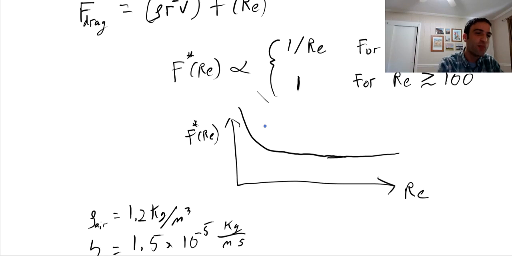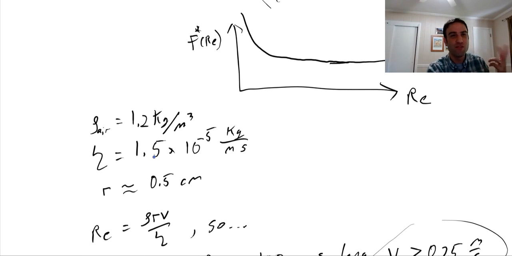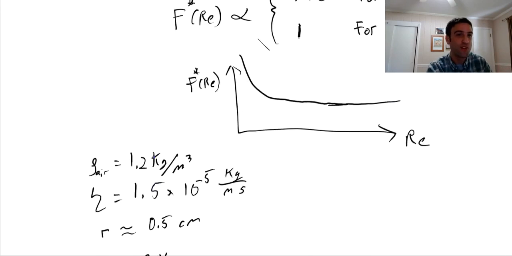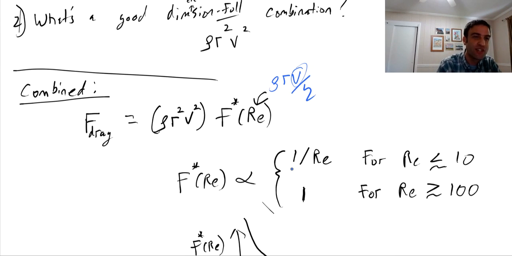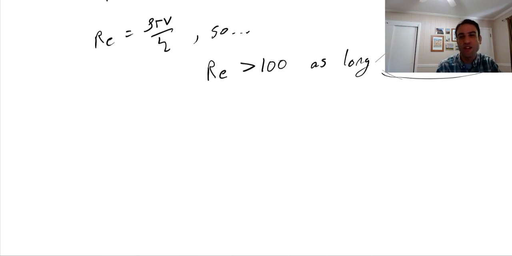But it turns out for reasonable values of air density, viscosity, droplet size, and also how fast your vehicle is moving, secretly this function doesn't actually depend in detail on how fast the train is moving. It's basically constant. Okay, so that makes our life very easy, comparatively.